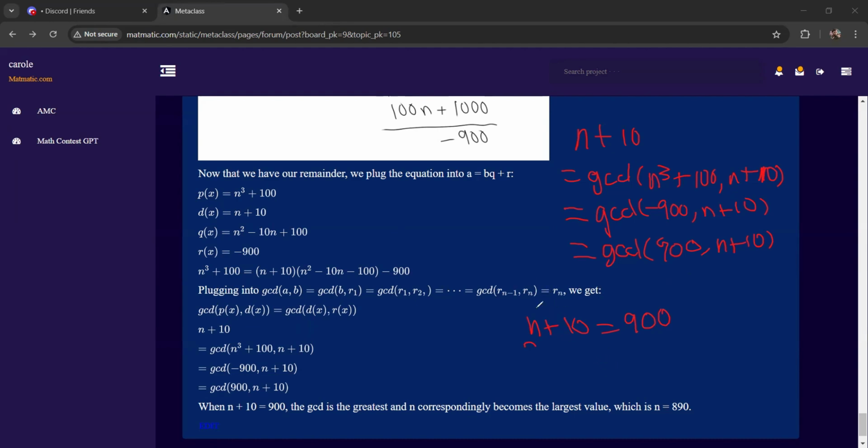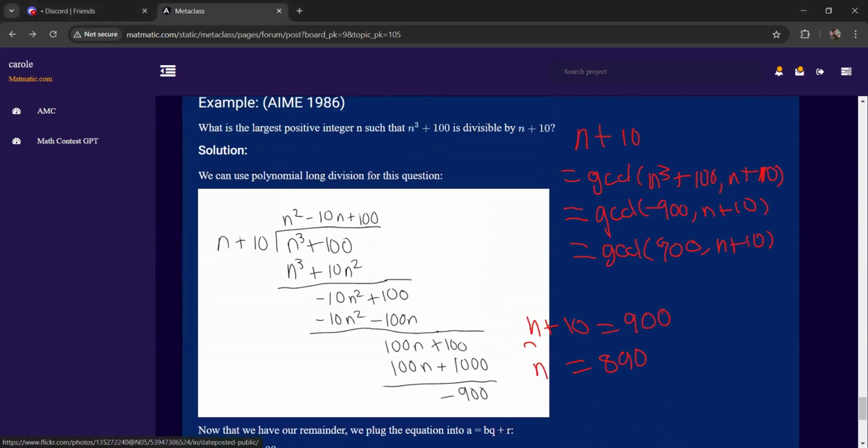And when n plus 10 equals 900, n becomes 890, which brings us to our solution.